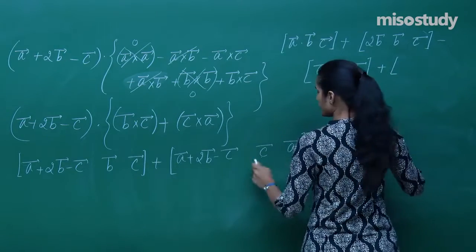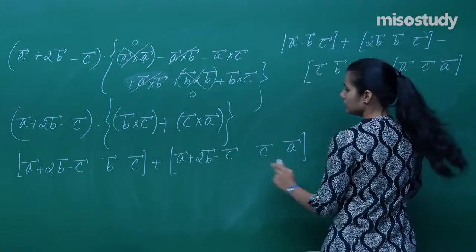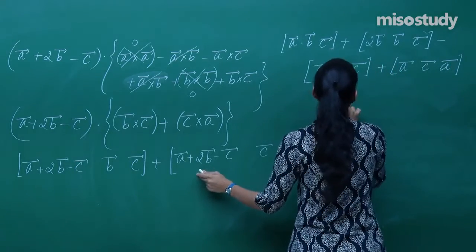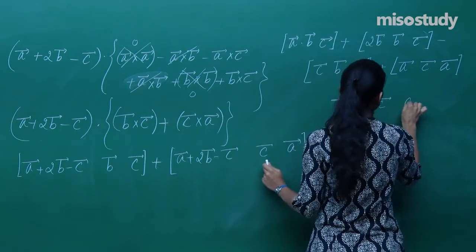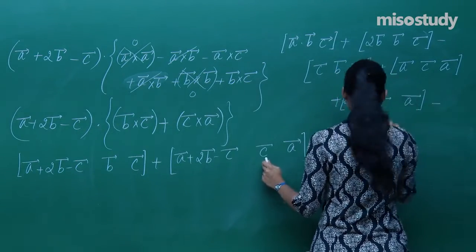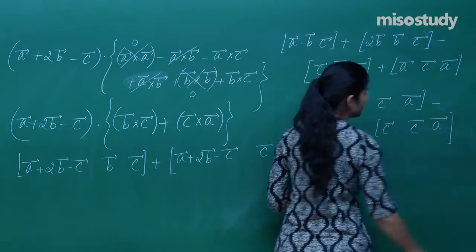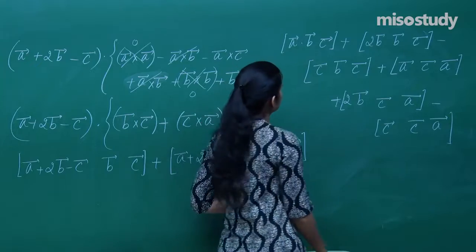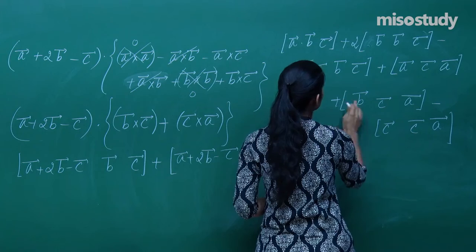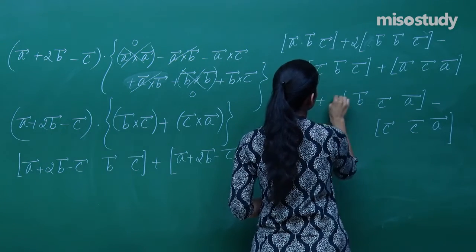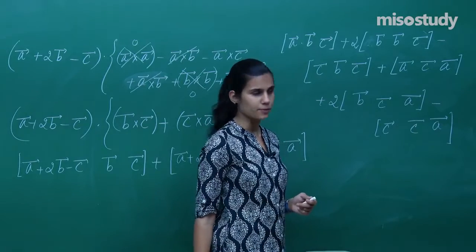Scalar triple product of A, C, A plus twice the scalar triple product of B, C, A minus scalar triple product of C, C, A. You know that this 2 can come out, this 2 can come out, just simply using the properties of scalar triple product.